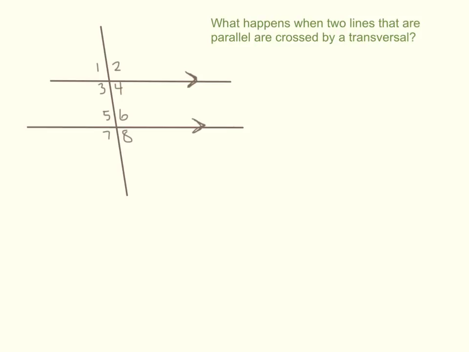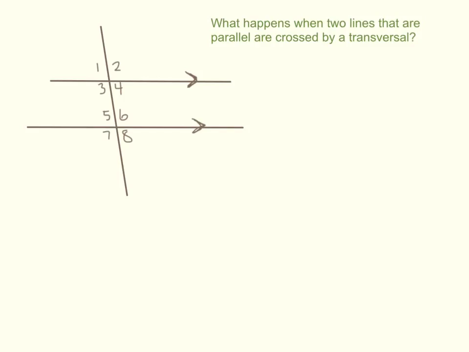Okay, so let's think about this. When I have two lines that are parallel and crossed by a transversal, what happens? We use these arrows here to designate that things are parallel, okay? So that means that this line and this line are both parallel. Okay, so if I look at this in terms of some things that I know already, we have some relationships between corresponding angles.